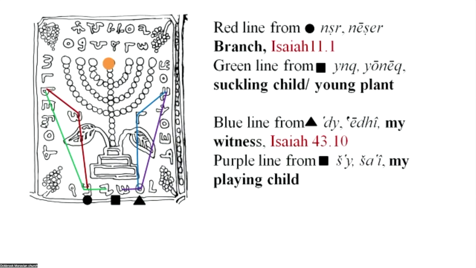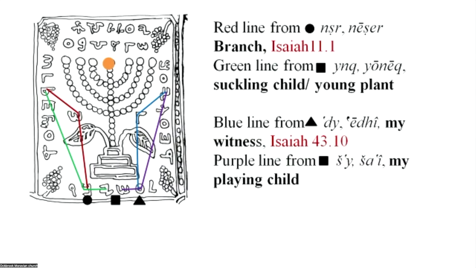And Isaiah 53 at the beginning, he grows up as a young plant in dry ground, or as the suckling child in Zion. And that green line originates in the middle of the word for Zion.